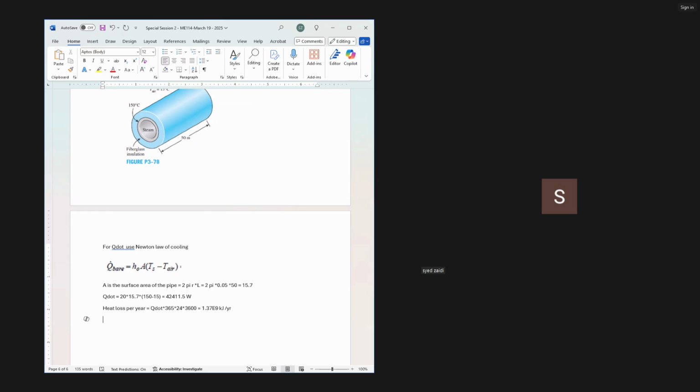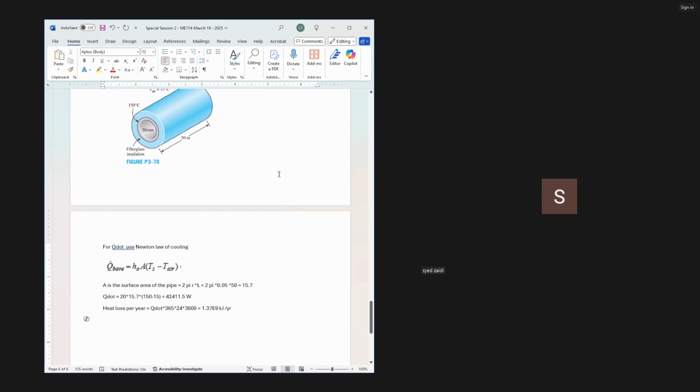So straightforward. Now we want to find out about the gas combustion for the furnace.